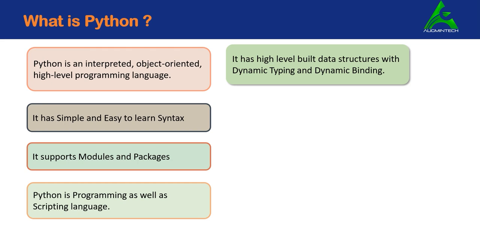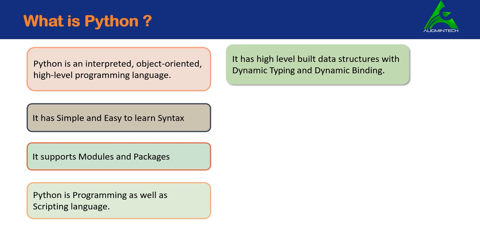In addition to this, Python has high-level built-in data structures known as strings, lists, tuples, sets, dictionaries. All of them are known as sequences or collections. So in primitive data structures, we have the int, float, boolean, and all. In non-primitive data structures, we have strings, arrays, trees, graphs, and so on.